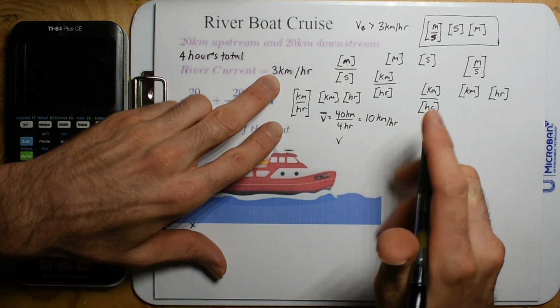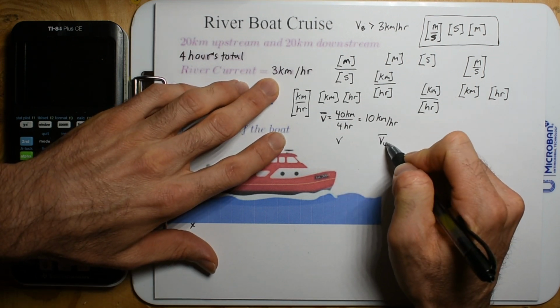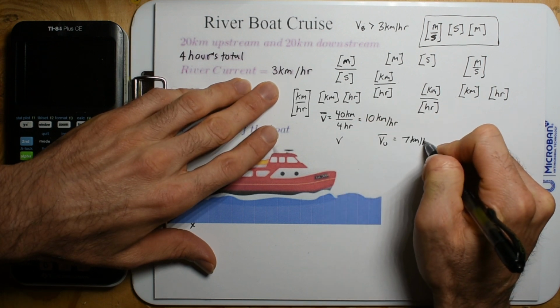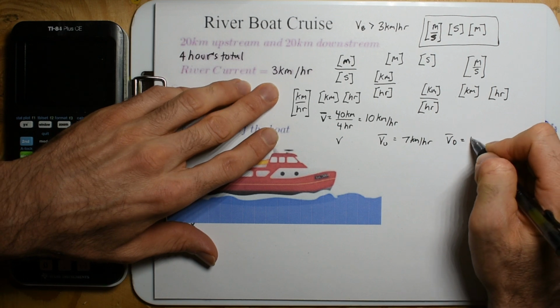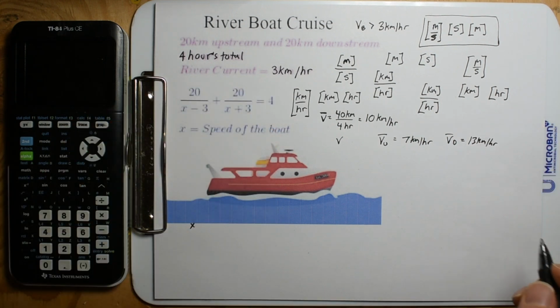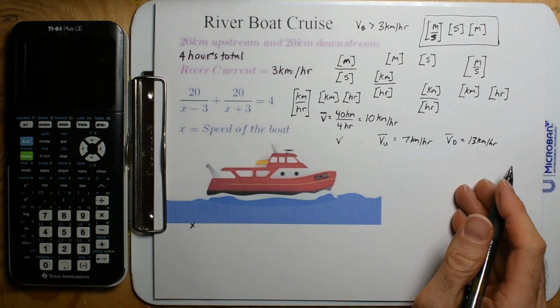Well, doesn't that mean my average speed up maybe is 7 kilometers per hour, and then my average speed down is 13 kilometers per hour? Maybe that'll work. Probably not.